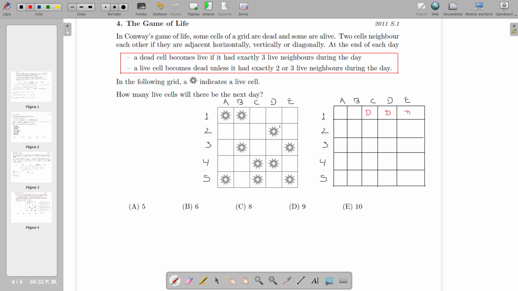So this cell will remain dead. The second line, let's start with A2, which has 1, 2, and 3 neighbors. So this cell will be live next day.